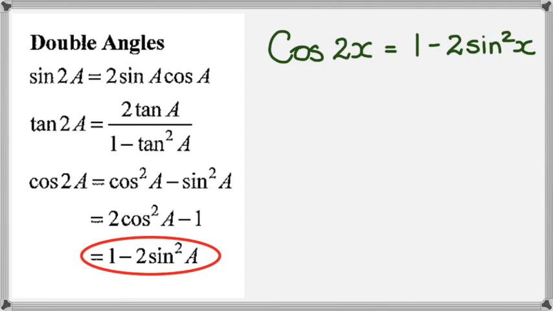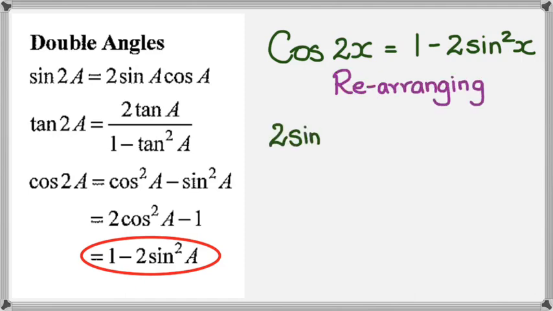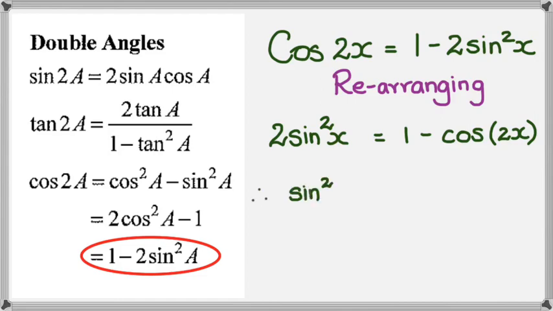Now we can rearrange this. Rearranging this, we get 2 sine squared x equals 1 minus cos 2x, and of course sine squared x would then equal 1 half minus cos 2x divided by 2.